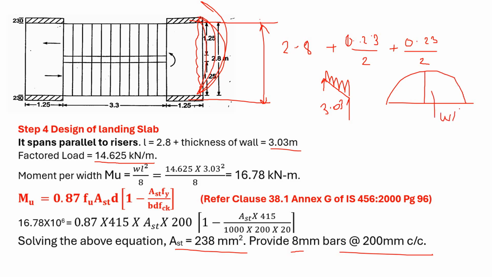Now once this Mu is obtained, you refer clause 38.1 Annex G of IS 456 page number 96. Then using this expression you will get Ast. Once you solve Ast, you provide 8 mm bar, and the spacing also you can calculate, as I mentioned in the last slide. So spacing is equal to 1000 millimeter by Ast multiplied by pi by 4 d square.